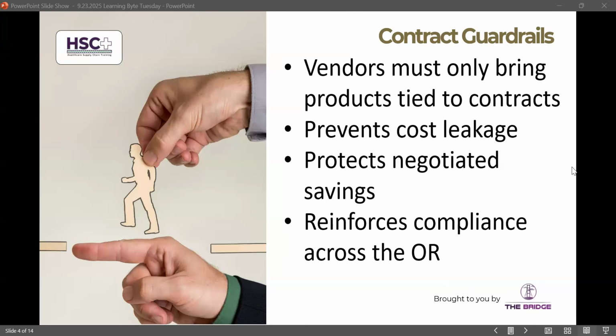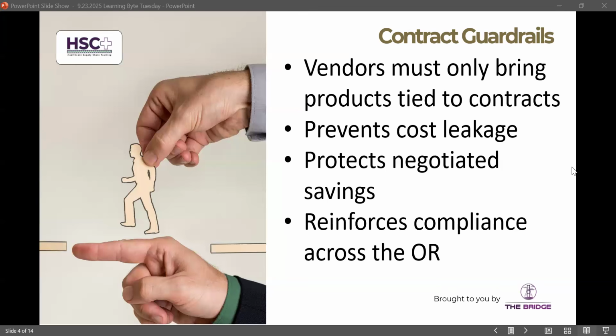Now, if you start to have contractual conflict and things start to sneak into the health system that are not on those negotiated awarded contracts, that's where your savings will start to flounder, and you may not get your full savings that you were supposed to be achieving.